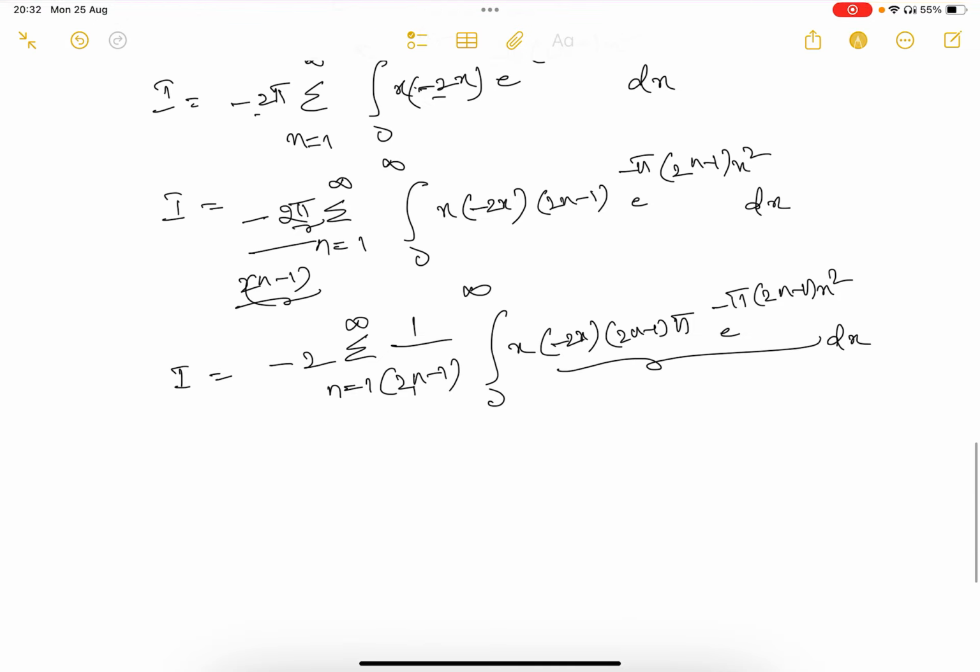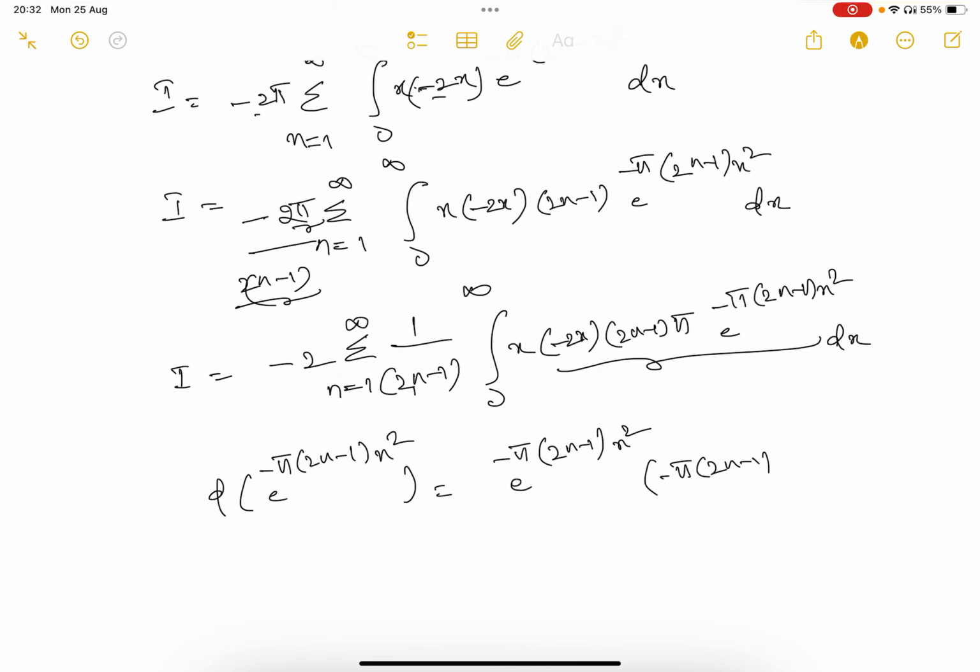So as you can see, clearly observe this part. Let's try to differentiate this e power minus pi into 2n minus 1 x square. This will be e power minus pi into 2n minus 1 x square into minus pi into 2n minus 1 into 2x, right? That is minus 2x into 2n minus 1 into pi into e power minus pi 2n minus 1 into x square.